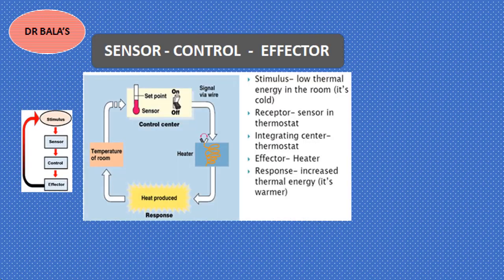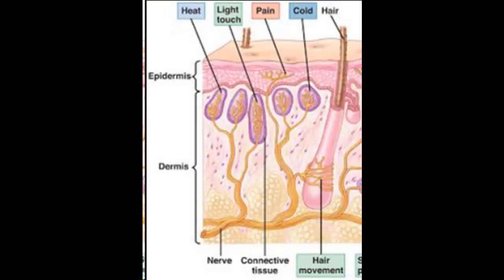The first component is the sensor. What is a sensor? The name itself shows it senses a difference. That is why it is called a sensor. An organ or a device which detects a change is called a sensor. Here, the change is an increase or decrease in temperature, and the part of the body which detects this change is the skin.